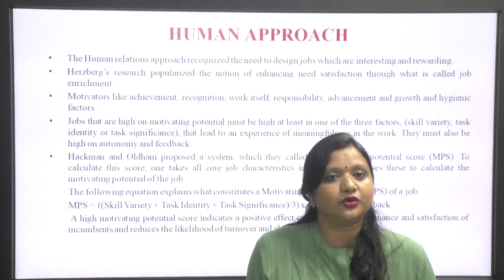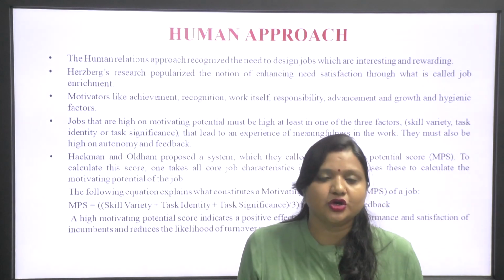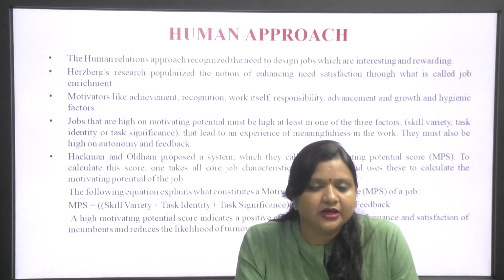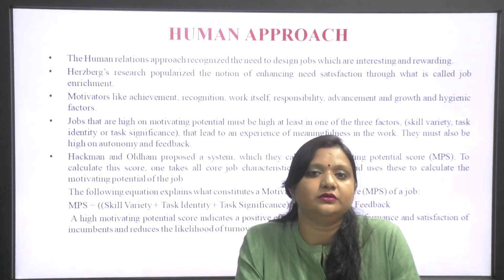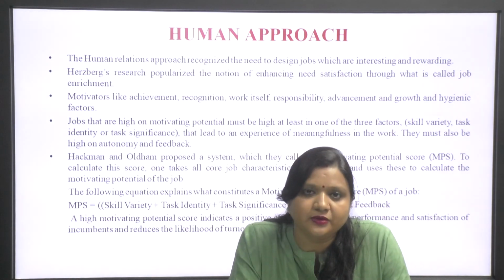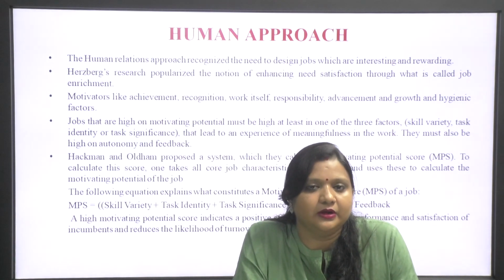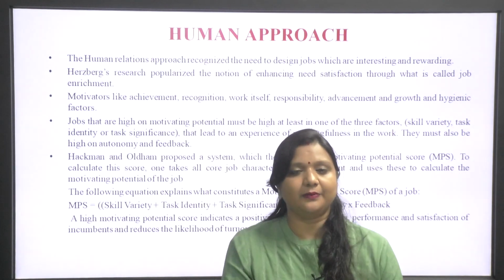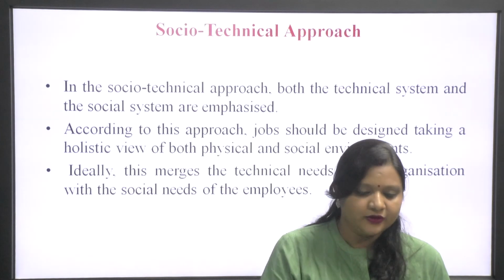You have to introduce variety or diversity in a job, a clear picture of the task and its important role, some sort of freedom in that job, and feedback, so that employees know about their performance and work on that accordingly.